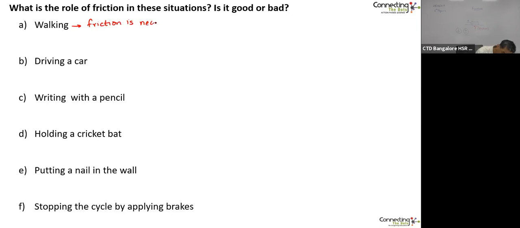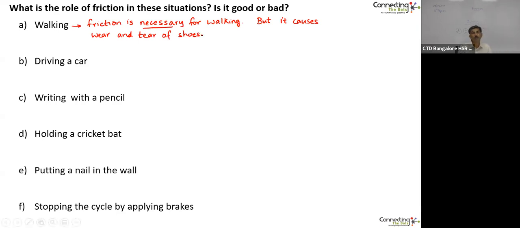You cannot walk on the ground without friction. But the shoes and the chappals or whatever footwear we wear get worn out because of friction.